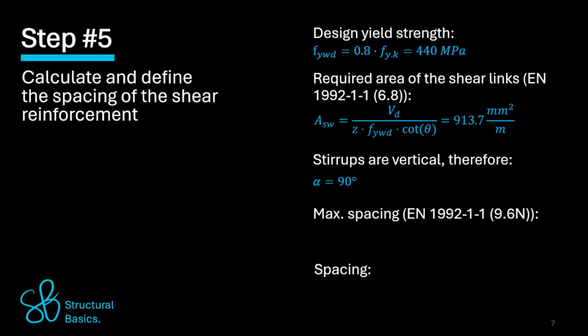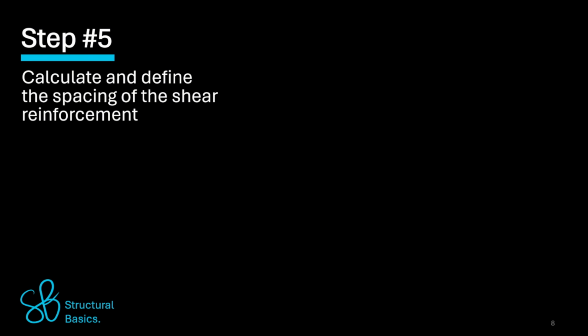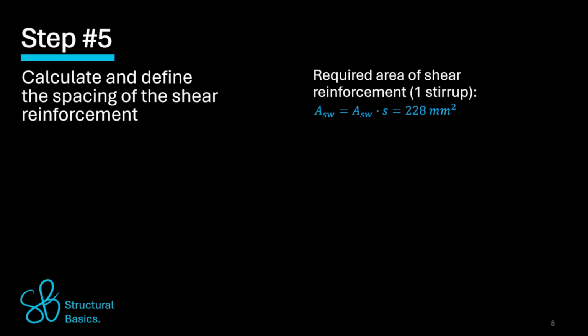In the next step, the maximum spacing is calculated as 373 millimeters. And we therefore set the spacing of the stirrups to 250 millimeters. The required cross-sectional area of the shear reinforcement of one stirrup is calculated as 228 square millimeter.